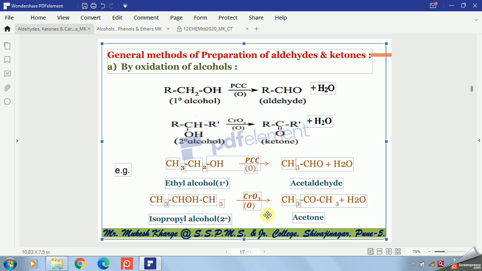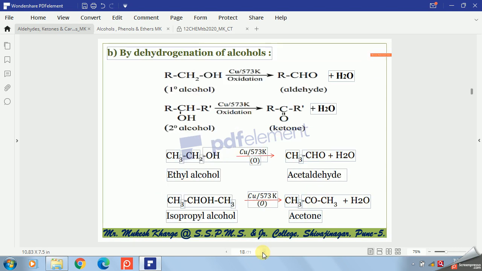Then next one is by dehydrogenation of alcohol. Instead of PCC or CrO3, we can use copper, but for that purpose we have to maintain the temperature at 573 Kelvin. Again your reactants and products are the same, the reaction is also the same.